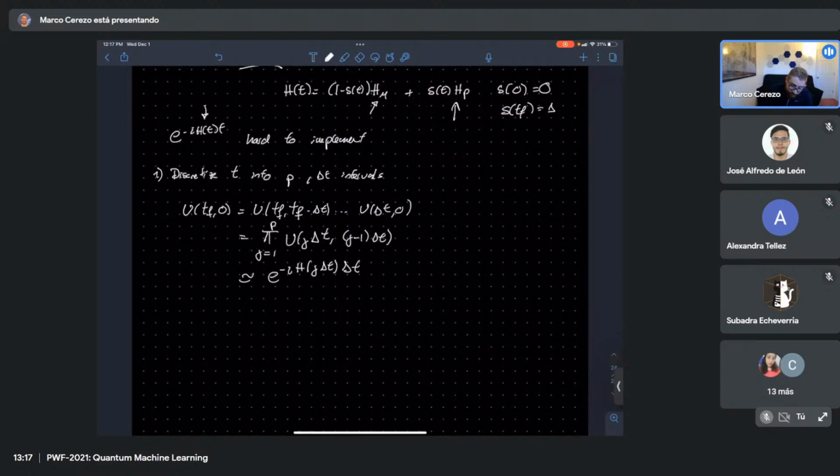This still doesn't solve the problem, because I still cannot implement this, even for a small enough interval of time that I can maybe consider this linear combination constant. So usually what I have to do here is use the formula that if I have something that looks like this, and I know that my time is small, because I'm splitting my evolution into a bunch of small times, this is approximately equal to e to the i a x, e to the i b x, plus order x squared.